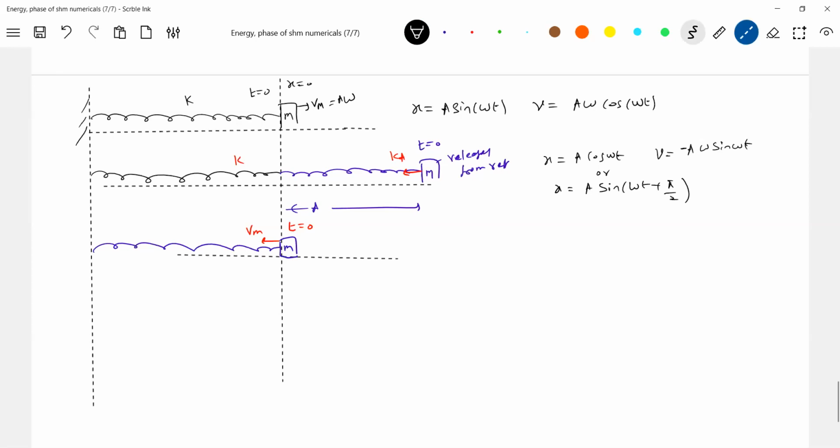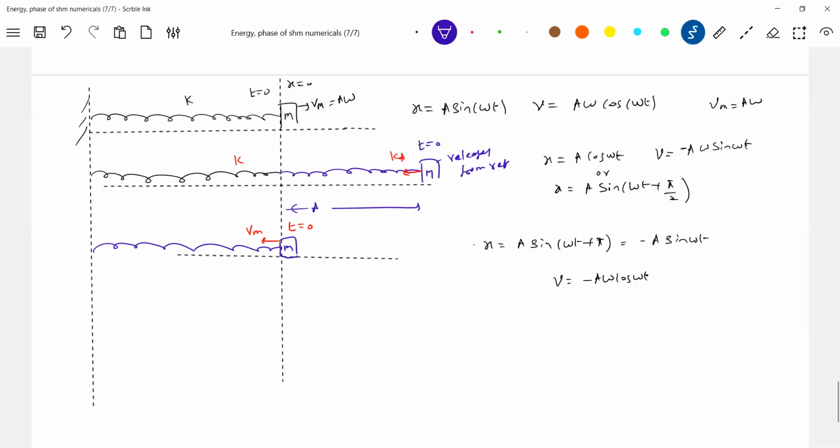So x is equal to a sine omega t plus phi, the phase of this. Anybody? The value of this? Minus a sine omega t. Differentiate this, you'll get velocity: minus a omega cos omega t. Maximum speed.